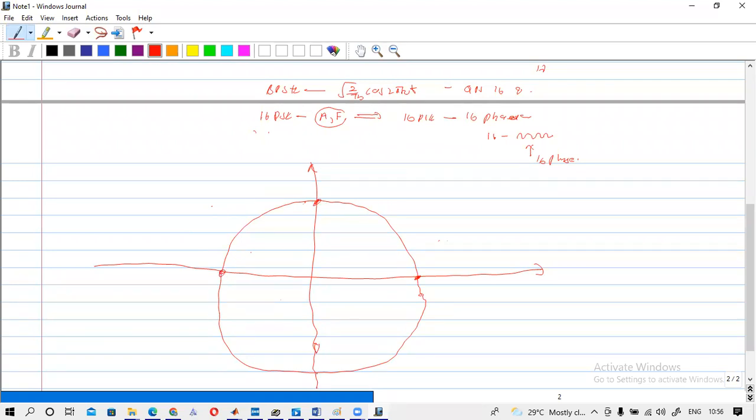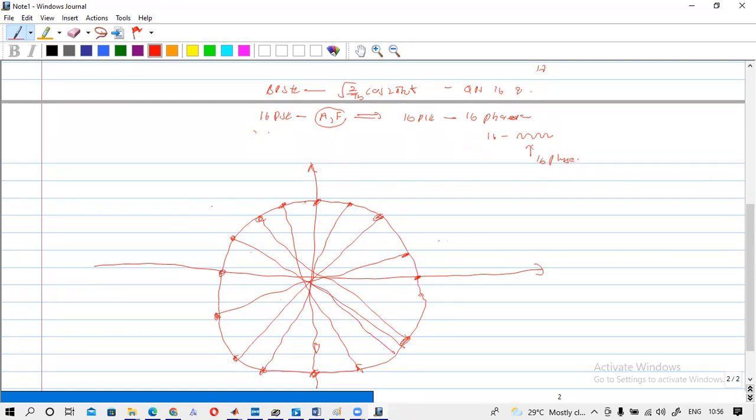If you divide this into another 2, we will have 8 points, and again you divide it into 2. This is not very clear, but I think you have the idea. So I will have 16.